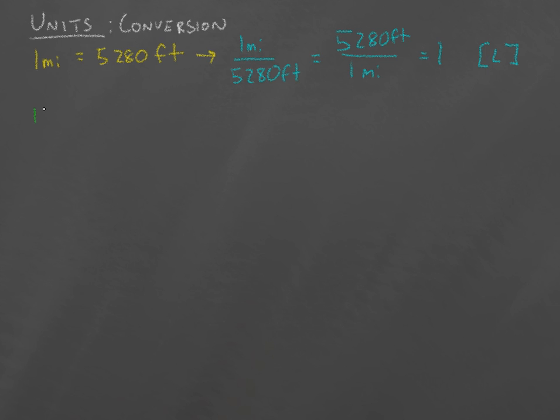So now if we know that something is 10 miles, well, we all know that if I just multiply 10 miles by 1, it's still 10 miles. So if I take 10 miles and I multiply it by 1, which is 5,280 feet divided by 1 mile, we see the miles cancel out.